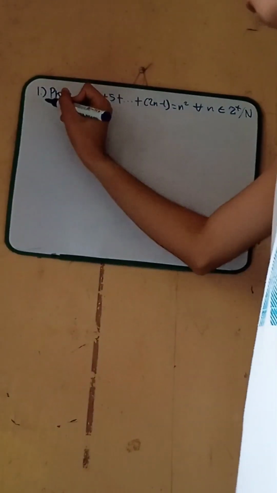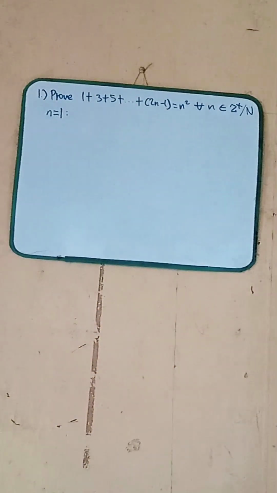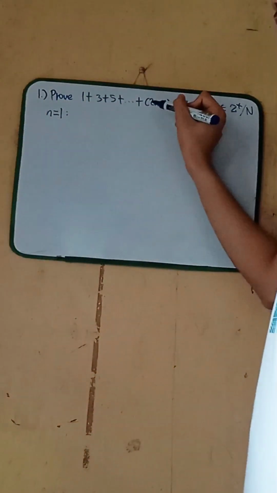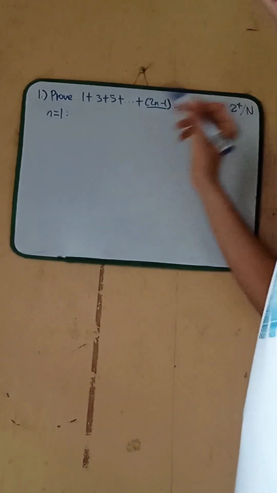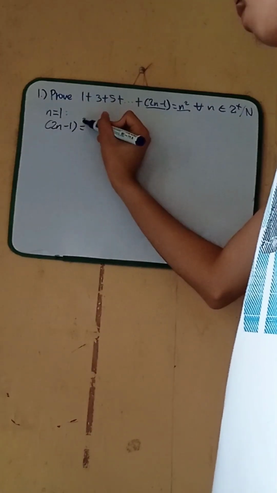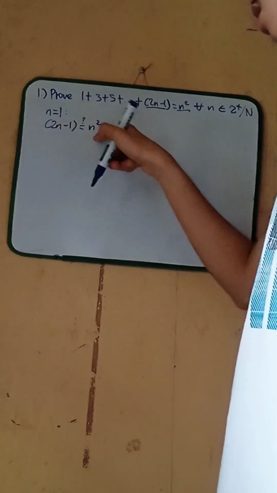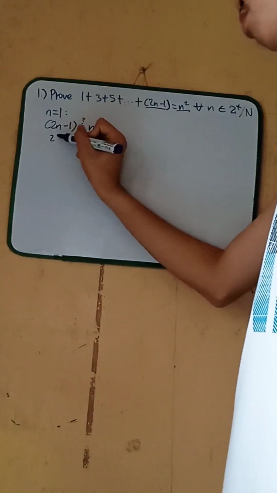To prove this, show it is true for n equals 1. We take this n term here and this one, substitute 1, and see if they are equal. And if they are, we can proceed to the next step.